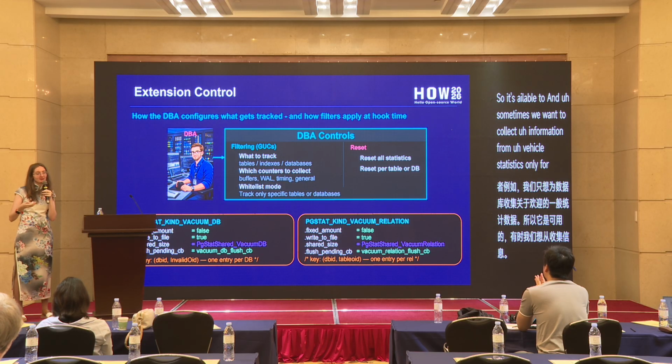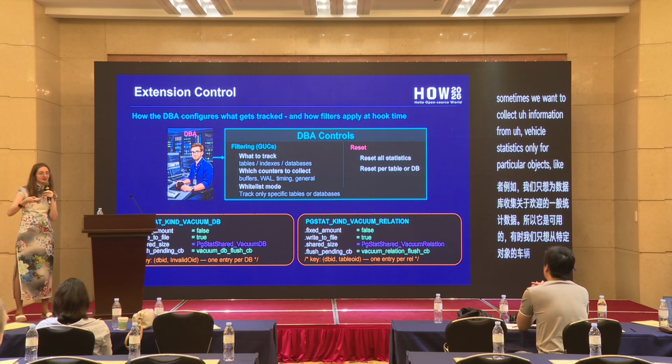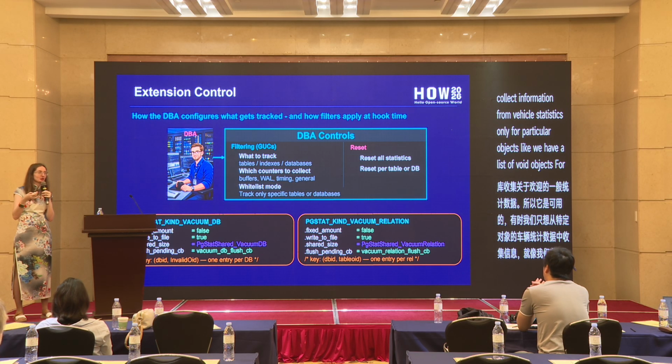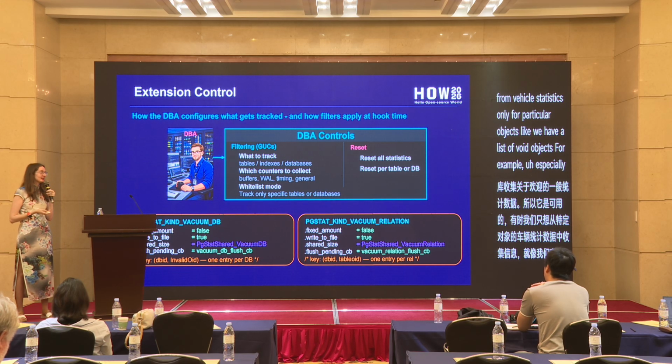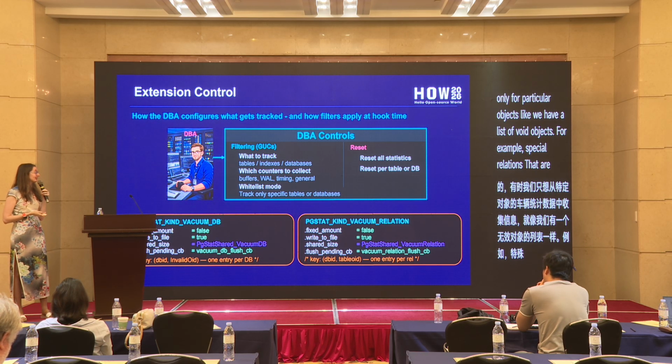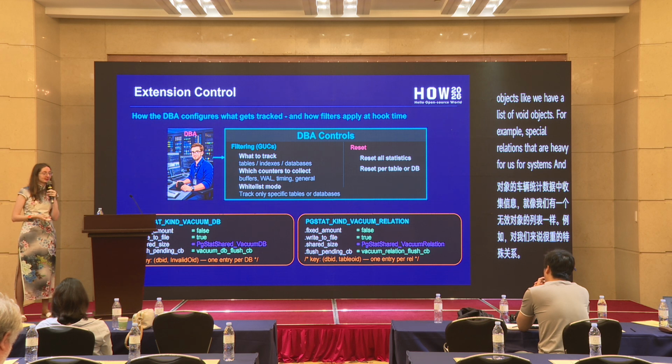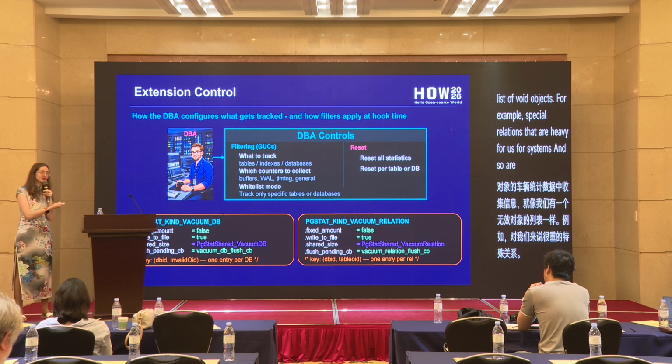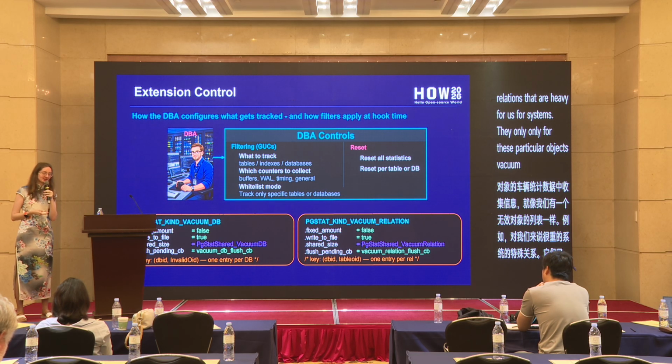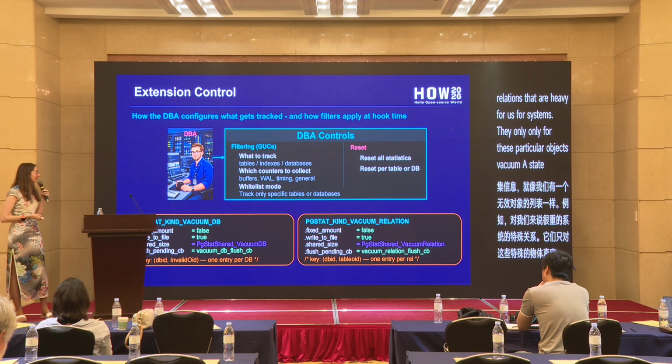For example, we have a list of OIDs of special relations that are heavy for our systems, and vacuum statistics will be saved only for these particular objects.